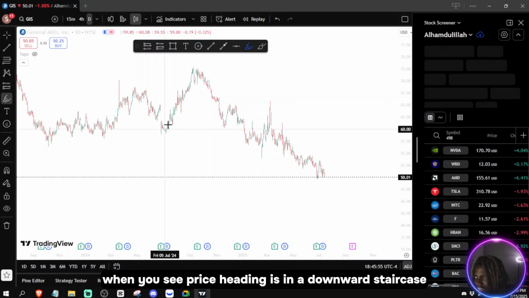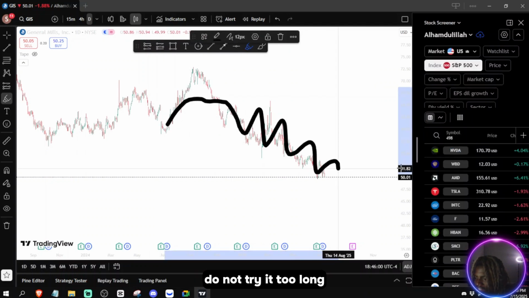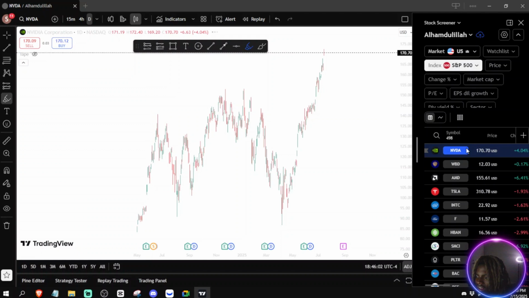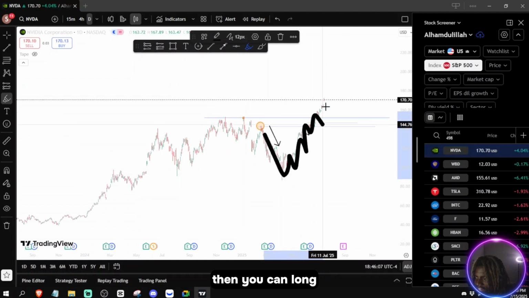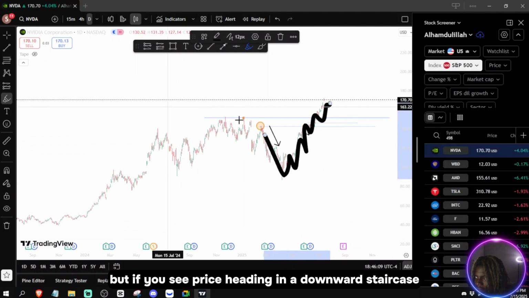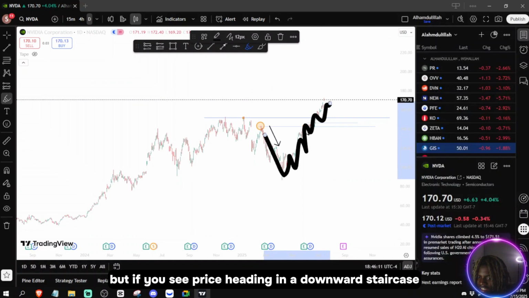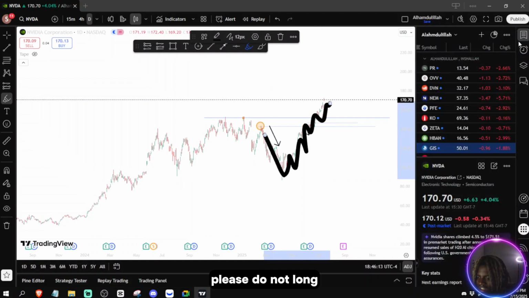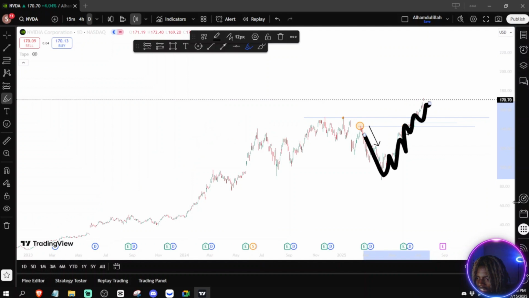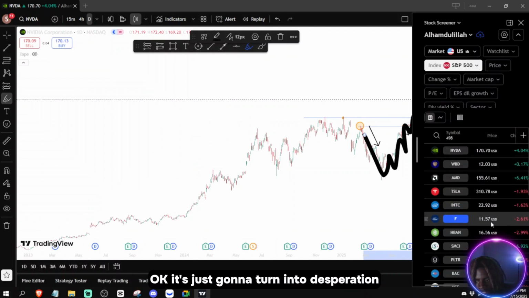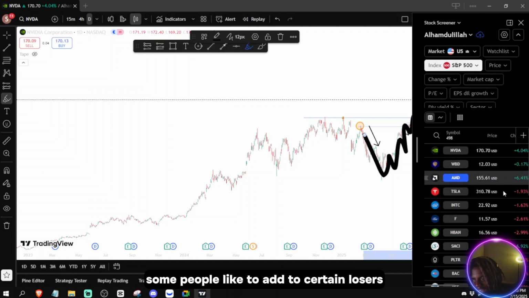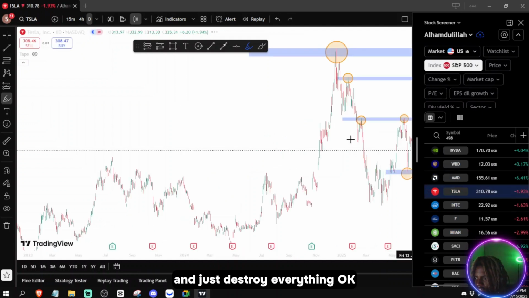When you see price heading in an upward staircase, then you can long. But if you see price heading in a downward staircase, please do not long. Okay, it's just going to turn into desperation. You might even make mistakes. Some people like to add to certain losers and just destroy everything.